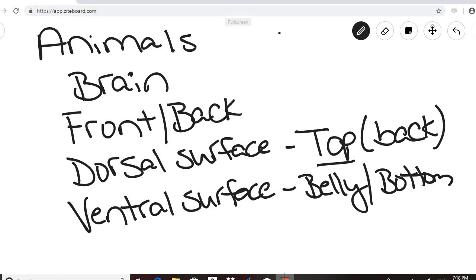If you have something that is a quadruped that walks on 4 legs, well, actually, if we had a fish.